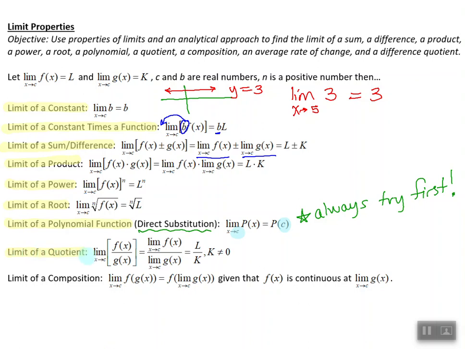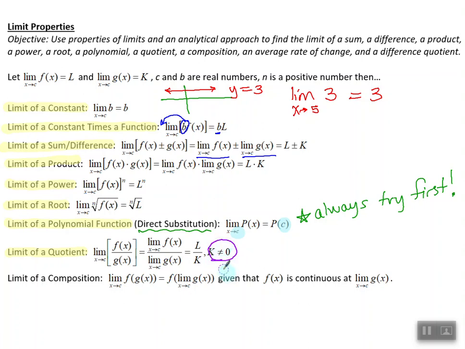The limit of a quotient is similar to the limit of a product, where we can look at each limit one at a time. The limit as x approaches c of f of x divided by g of x equals the limit as x approaches c of f of x divided by the limit as x approaches c of g of x. However, when we are dividing, it is very important that we do not get 0 in the denominator.